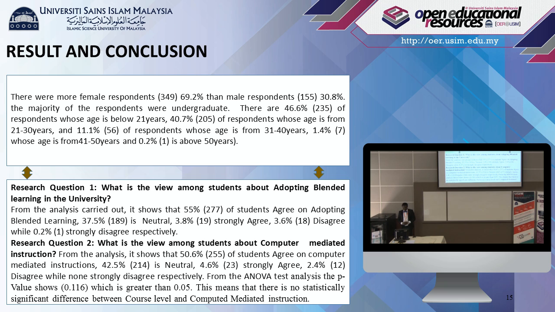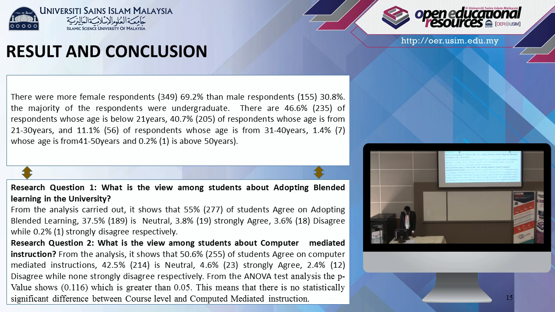From the analysis carried out, it shows that 55%, which is equivalent to 277 students, agree on adopting blended learning, whereas 37.5%, equivalent to 189 students, are neutral about blended learning, 3.8%, equivalent to 19 students, strongly agree, and 3.6%, equivalent to 18 students, disagree, while 0.2% strongly disagree, respectively.